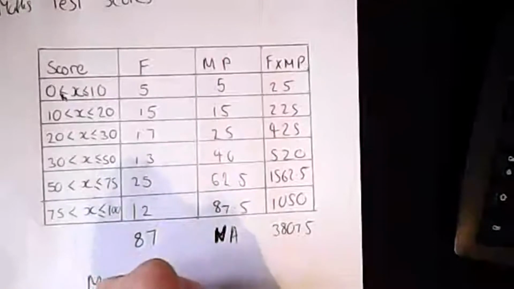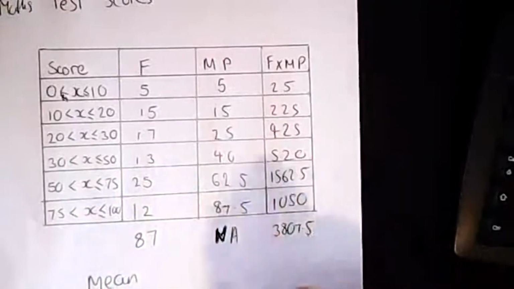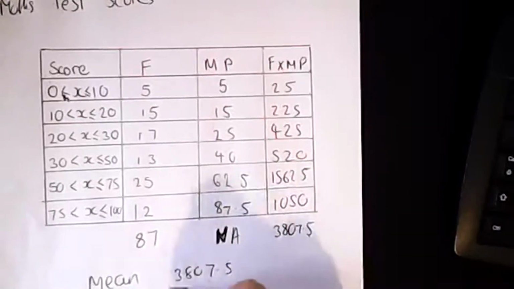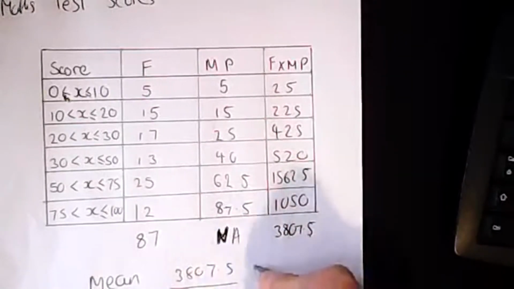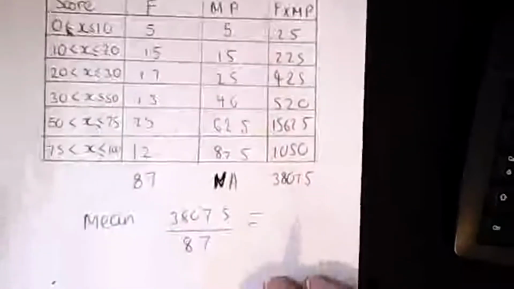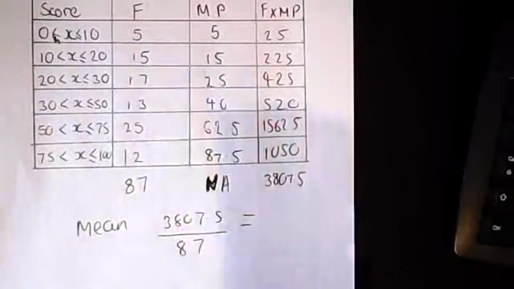We need the total, which is that number there, 3807.5, divided by the number of numbers, like that, on your calculator.